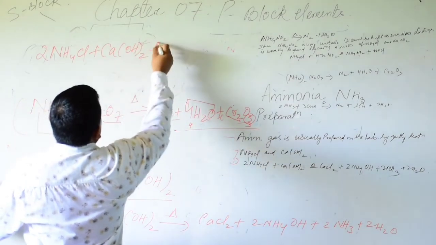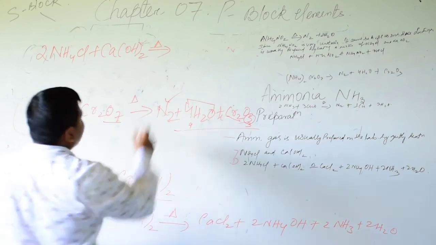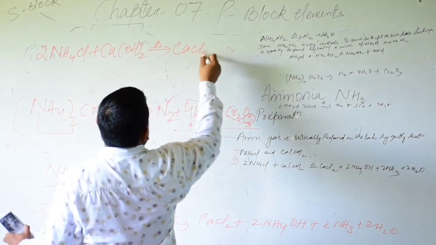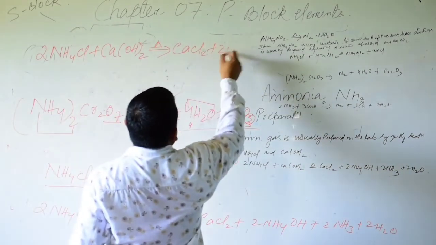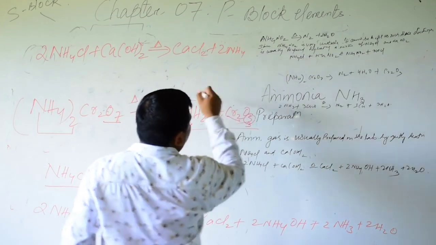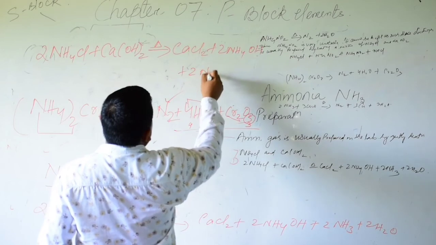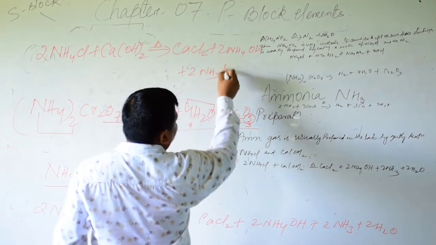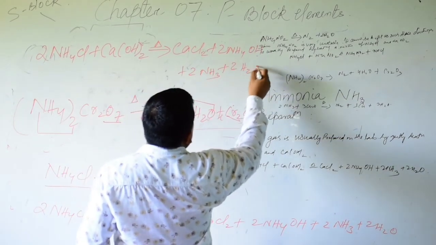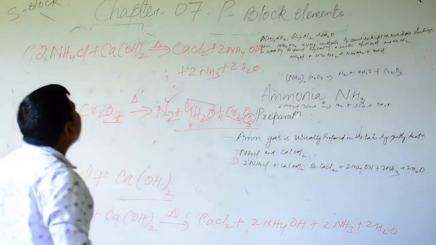So that we have to decompose. That is, delta indicates heating. Then CaCl2 plus 2NH4OH plus 2NH3, it is ammonia, 2H2O. So in that way we're getting the chemical reaction.